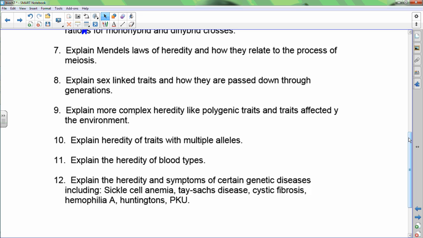So whether we're talking about male pattern baldness or hemophilia or color blindness, we tend to see it skip a generation because the male will pass it on to his daughter. The daughter won't show the trait because she's just a carrier, and then she'll pass it on to her son. And she may not. That's just a probability thing, but that's usually the way we see it unless something else weird happens.